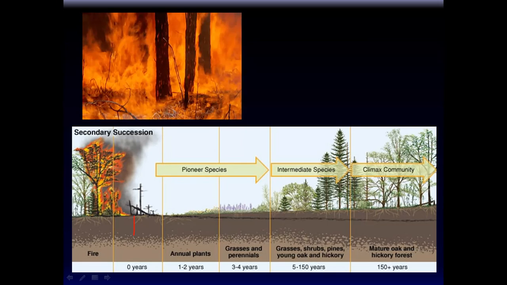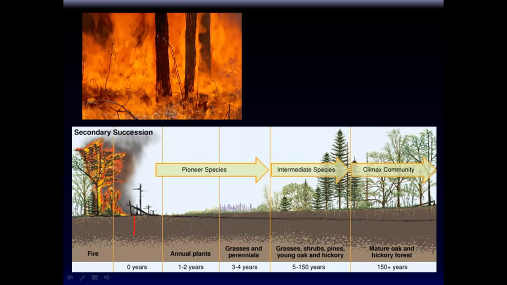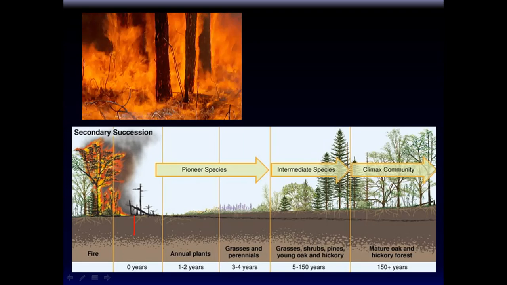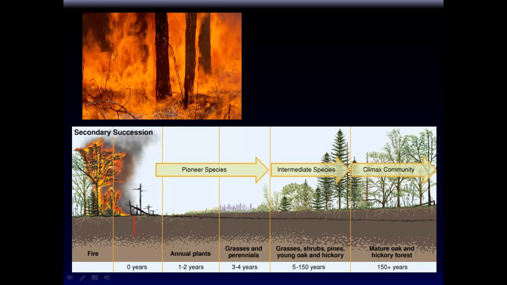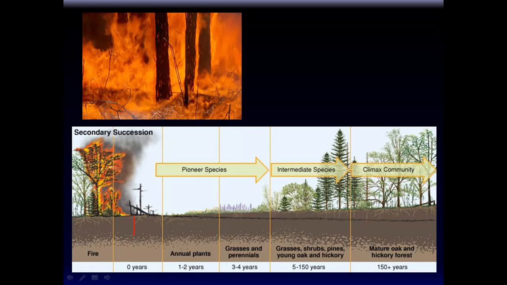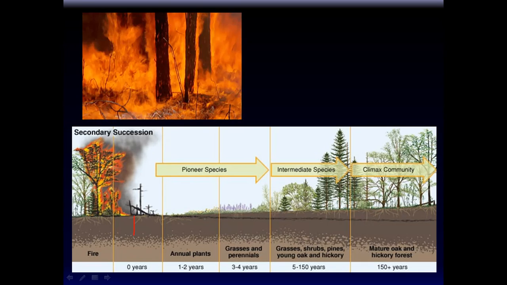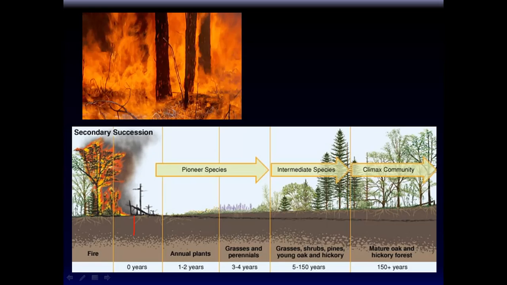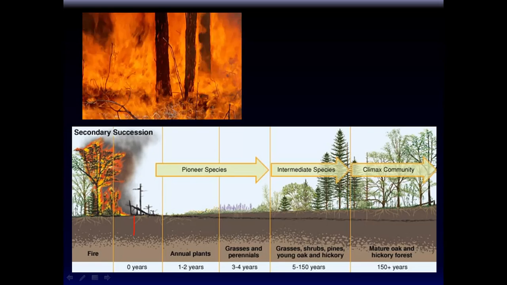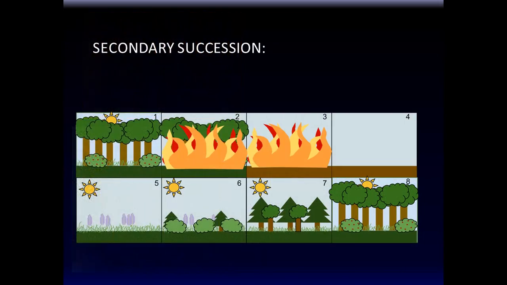The climax community was destroyed, but it doesn't return straight to the climax community. It goes through the same stages, but at a faster rate. I don't know about you, but I find that kind of cool, an interesting aspect of the way that nature works. It's because of the nature of the plants.